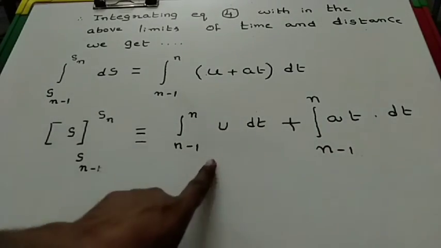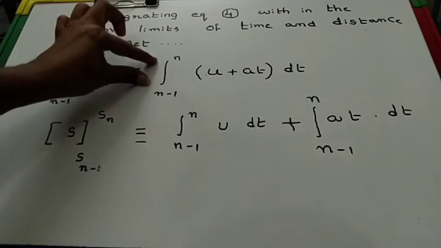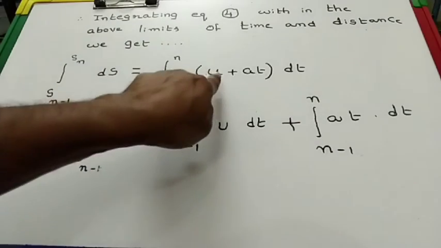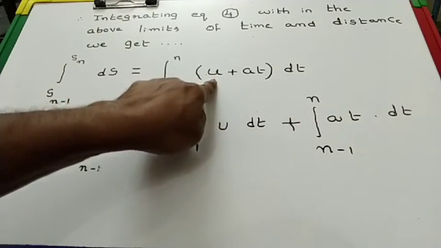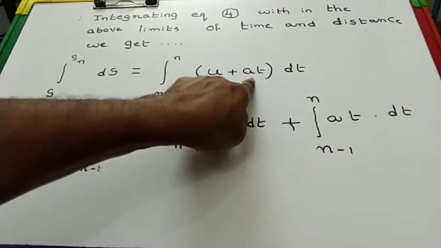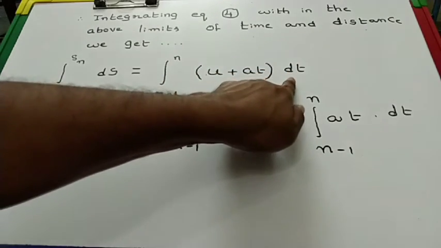Once again I am repeating this point. Take this integration and multiply individually u as well as at with dt.